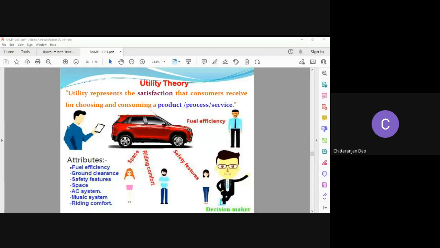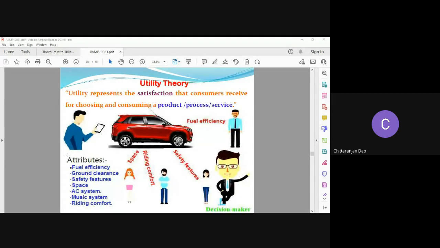In other words, the satisfaction provided by all attributes of the product or the process to a decision maker, meaning the consumer, is known as the utility of the product or the process. You can see an example when you go to purchase a car.